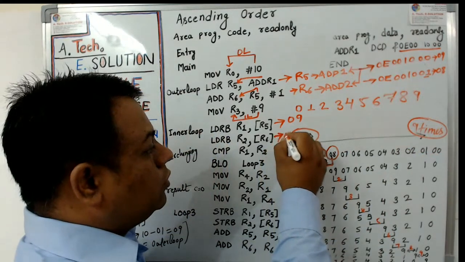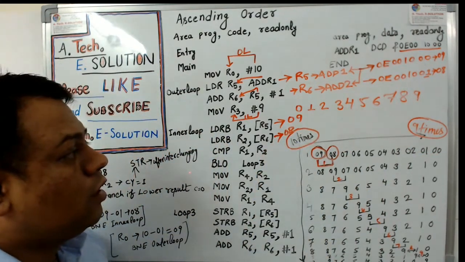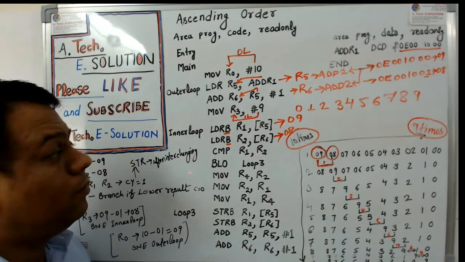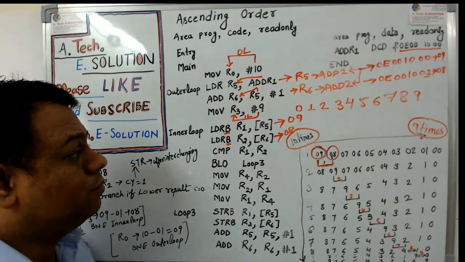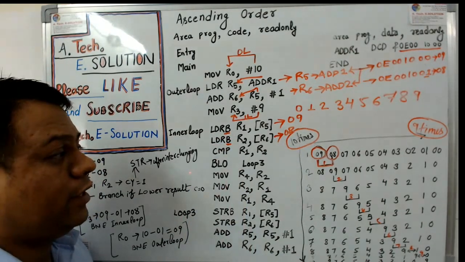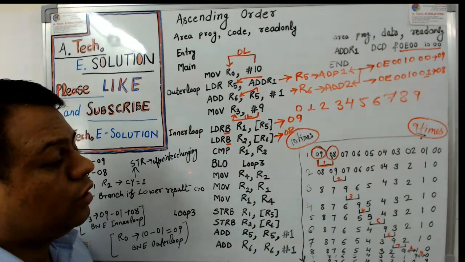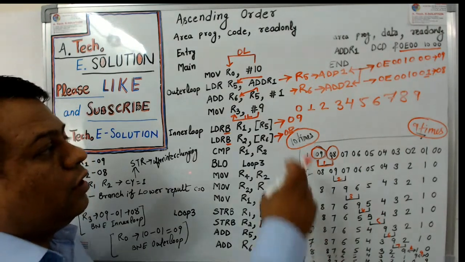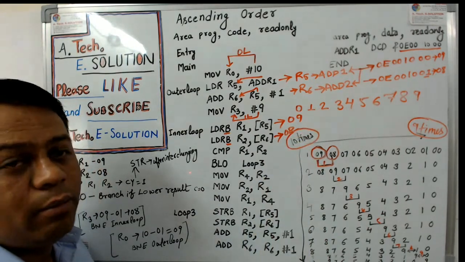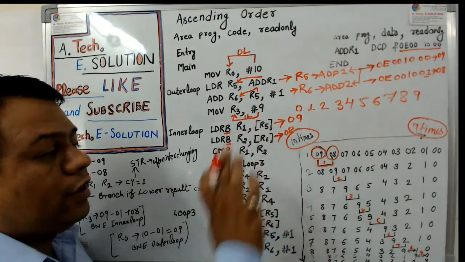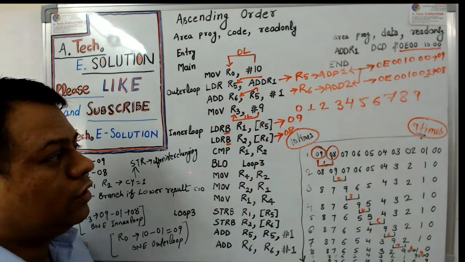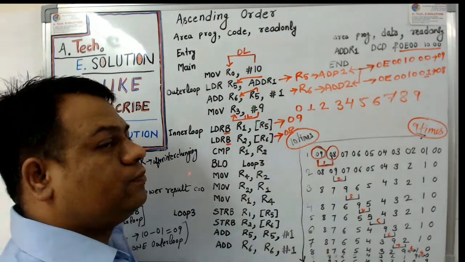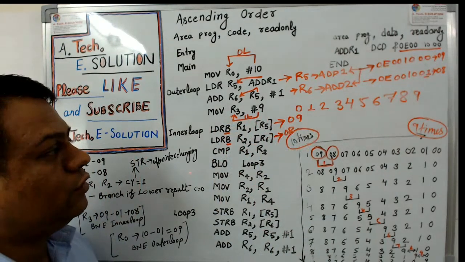So we load 08 right here, and we have used B right here, LDRB. What does this mean? It means that we load 1 byte. In the ARM processor, 09 is 1 byte, 08 is 1 byte. In this manner we put each number into these 32-bit registers.